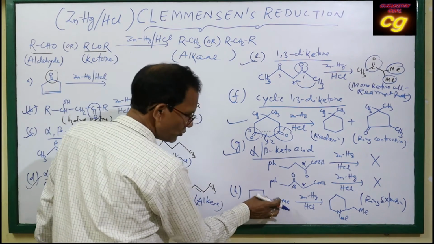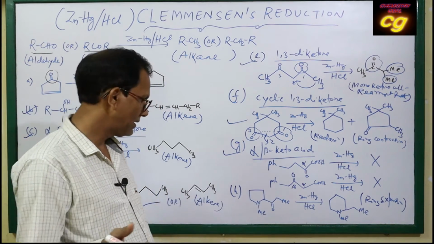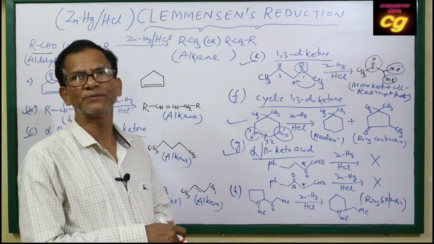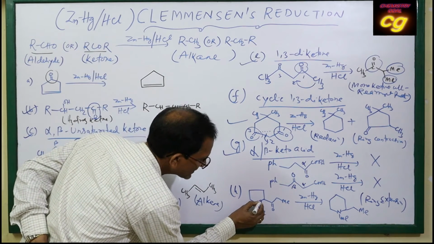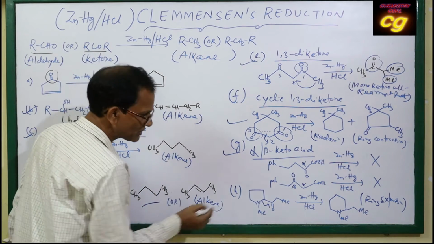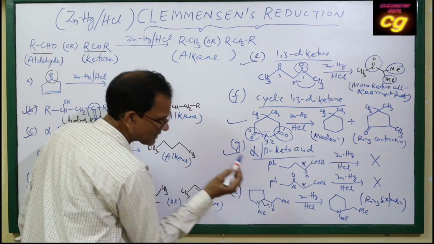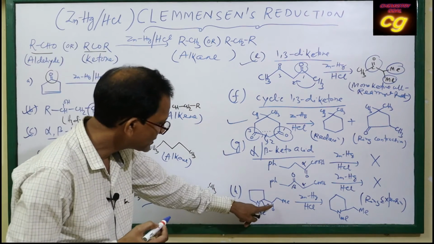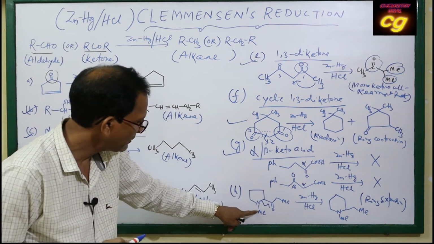This keto group will be reduced to alkane, but ring expansion takes place in the case of zinc amalgam. How? This bond breaks and shifts to this position. When it is shifted to this, the 5-membered ring becomes 6-membered: 1, 2, 3, 4, 5, 6. A 6-membered ring, and C=O converts to alkane. That's why everything else remains the same.